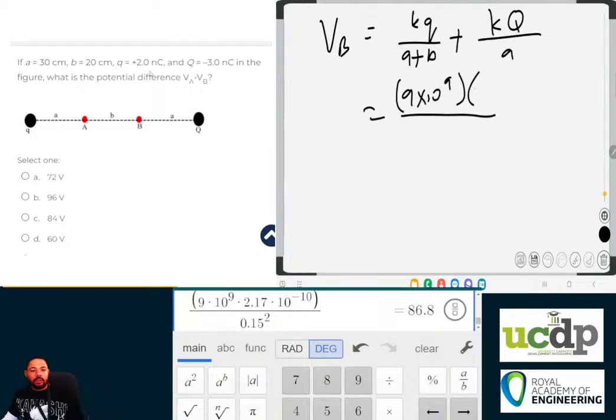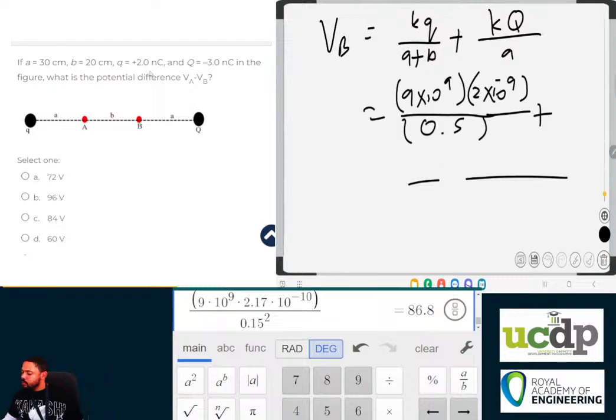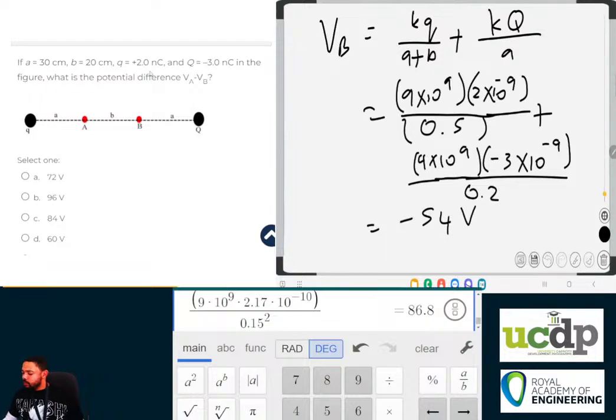The charge Q is 2 nanocoulomb, and the distance A plus B is 0.5 meters, plus K, which is 9 times 10 to the 9, multiplied by big Q, which is negative 3 times 10 to the negative 9, over a distance of 0.2, and that gives you an answer of negative 54 volts.